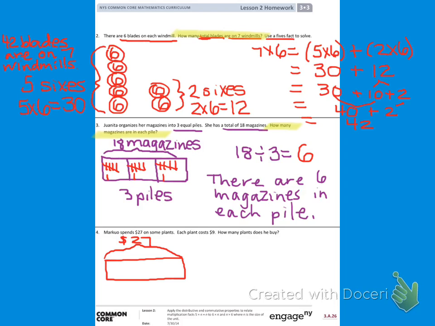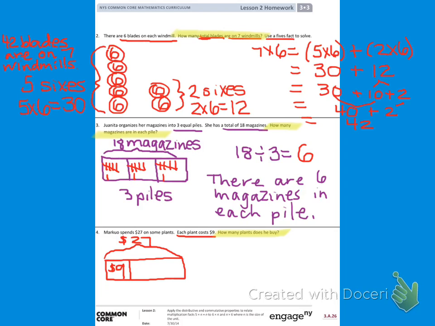Now we know by looking at the key detail here that each plant costs $9. I should have underlined the key details first, but I'll go ahead and write that in now since I underlined it. Now I'll highlight the question since I didn't do that a moment ago. How many plants does he buy?